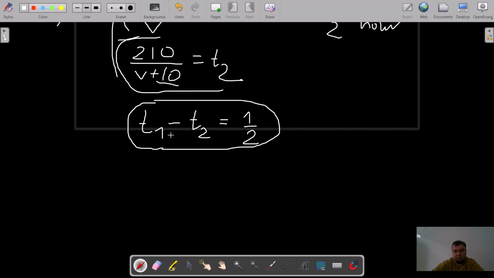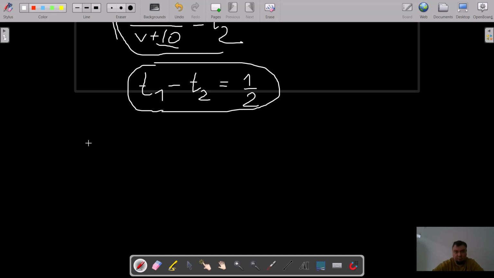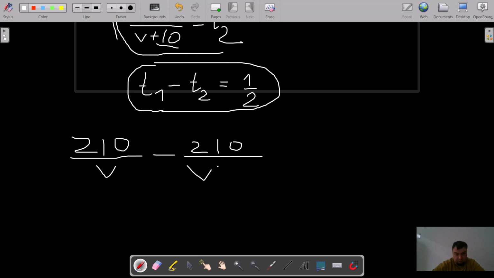So instead of t1 and t2, we need to substitute these values. So we write the equation: 210 over v minus 210 over v plus 10 equals a half.